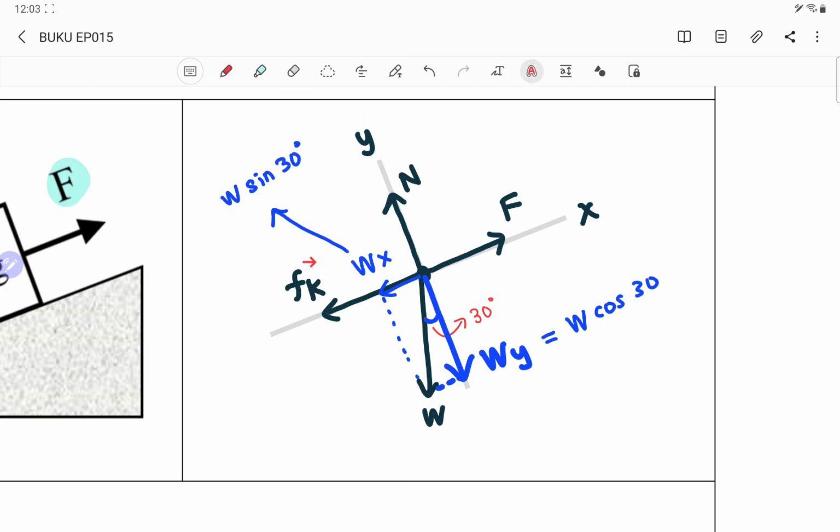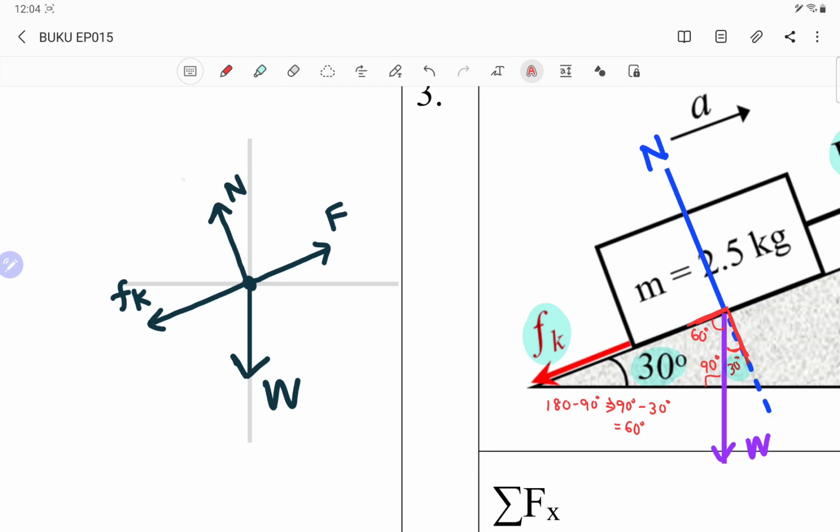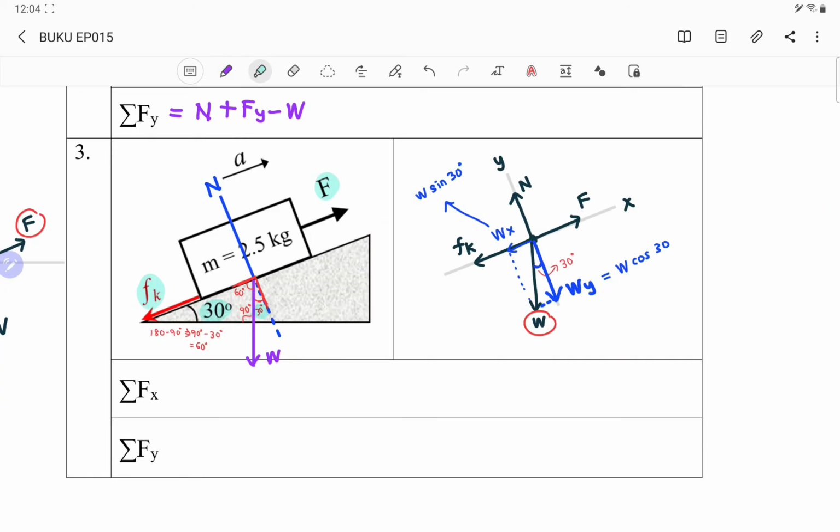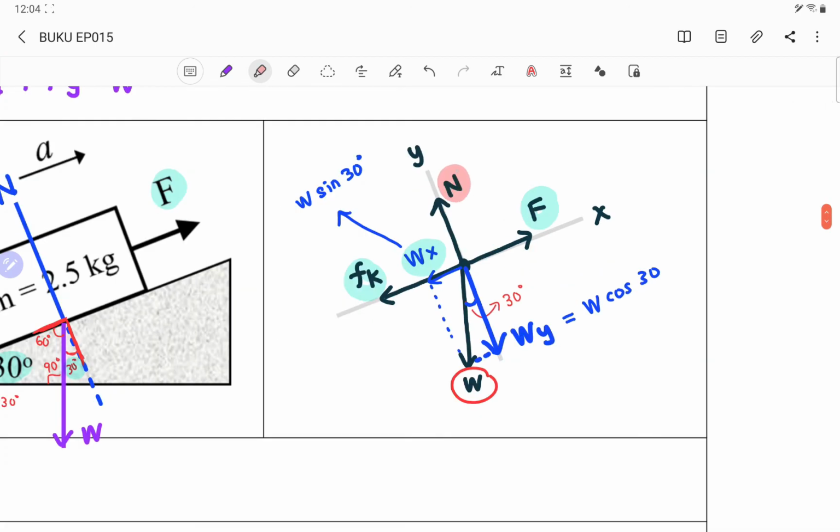That is why we tilt our axes, so that we only need to resolve one vector. If we draw our axes straight as usual, we have 1, 2, 3 vectors to resolve. Instead of this, we only need to resolve W. Okay, so along the x-axis, F, Fk and Wx. Along Y, N and Wy.